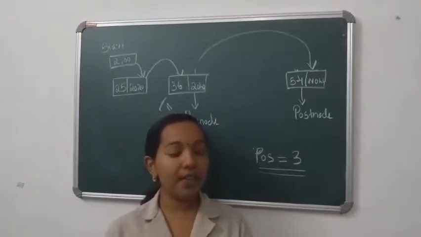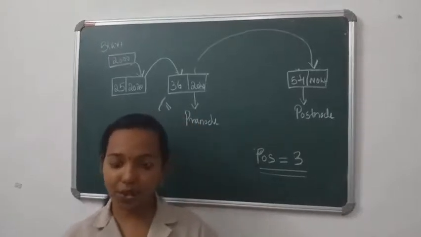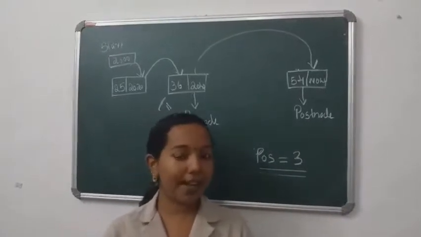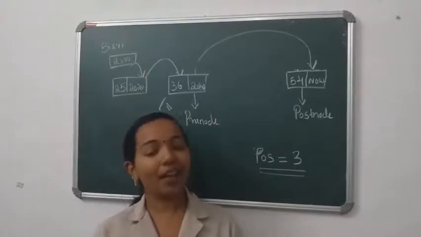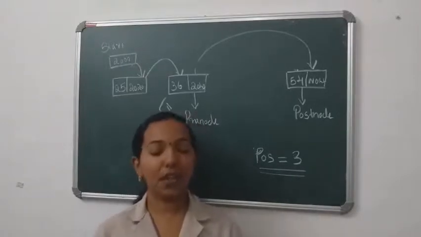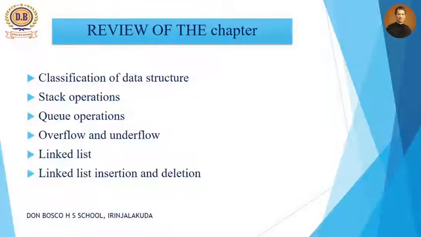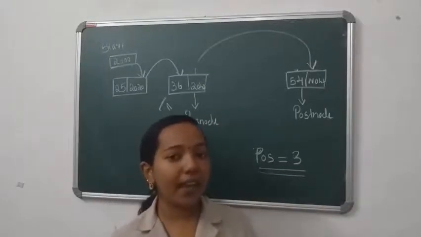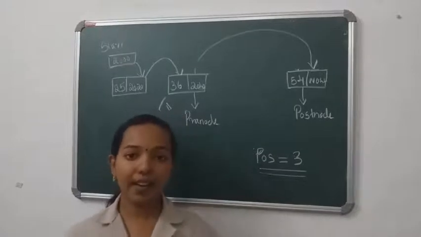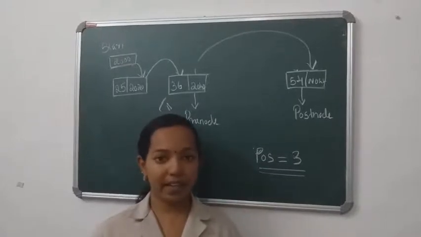First, we studied data structures. What is meant by a data structure? The definition of data structure. After that, the classification of data structures. Data structures can be classified into 2 categories: simple data structure and compound data structure. Compound data structure is again classified into linear data structure and non-linear data structure.